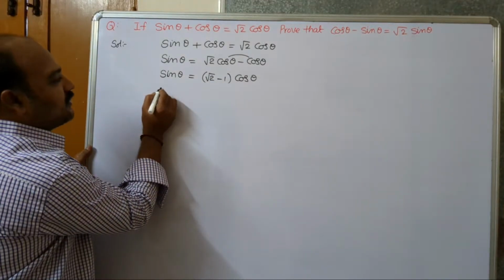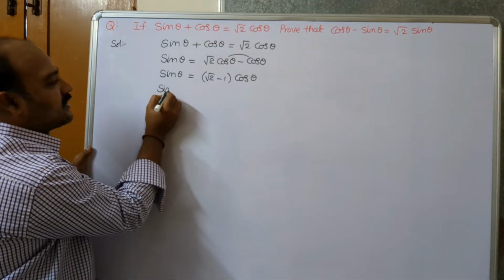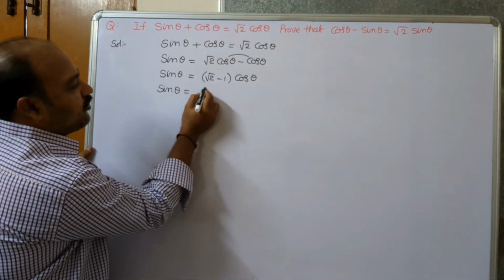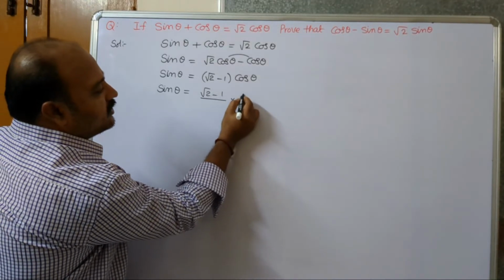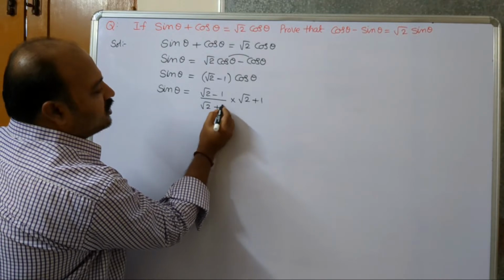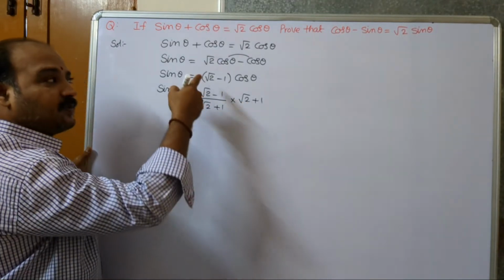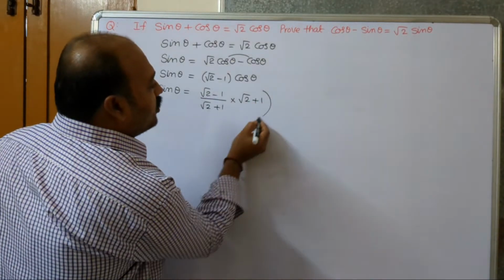By doing rationalization, sin theta equals (root 2 minus 1) by 1, into (root 2 plus 1) by (root 2 plus 1), into cos theta.